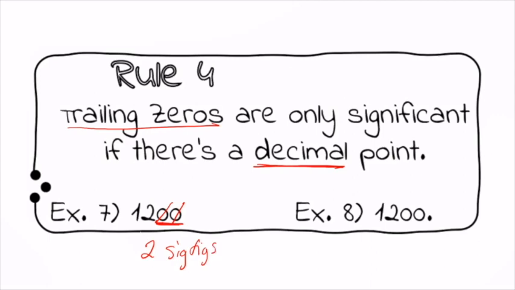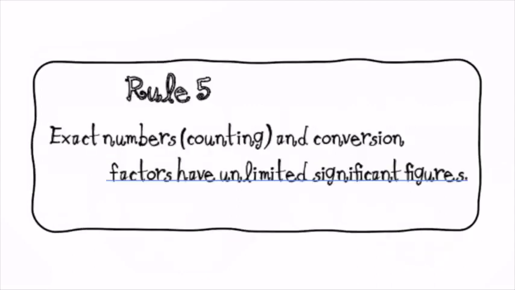Over here we do have a decimal point, so that means that these are significant, and all 4 numbers are significant figures. And our last rule, Rule 5: exact numbers or counting numbers or conversion factors have an unlimited number of significant figures.